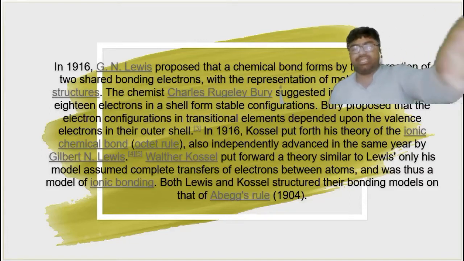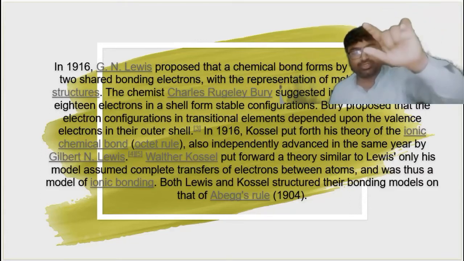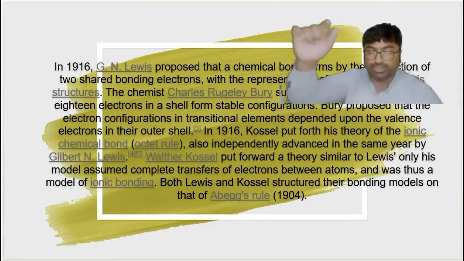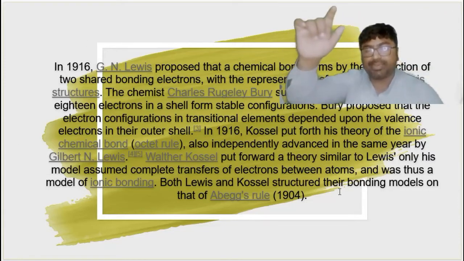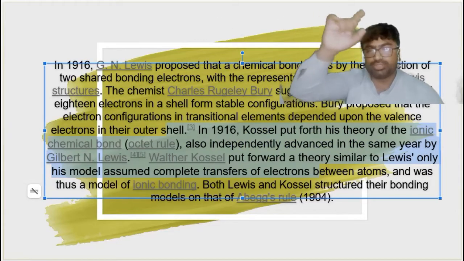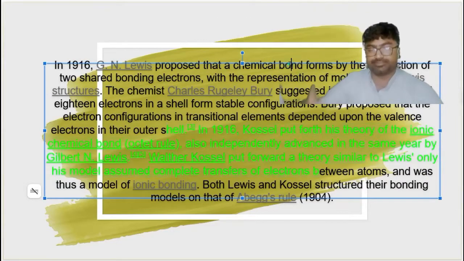In 1916, Kossel put forth his theory of the ionic chemical bond, the octet rule, also independently valence shell. That's most important as well.